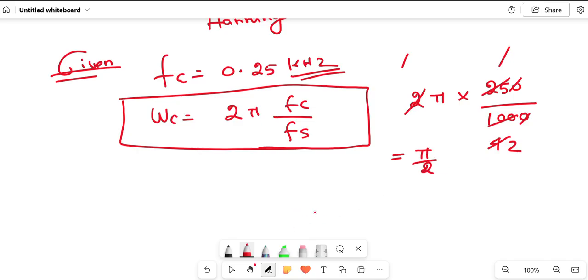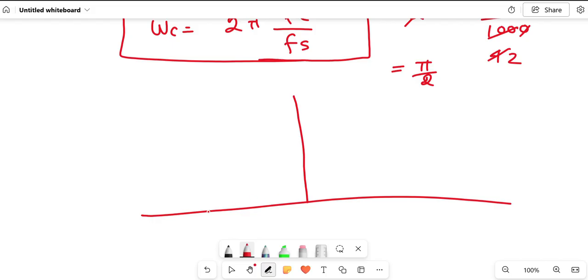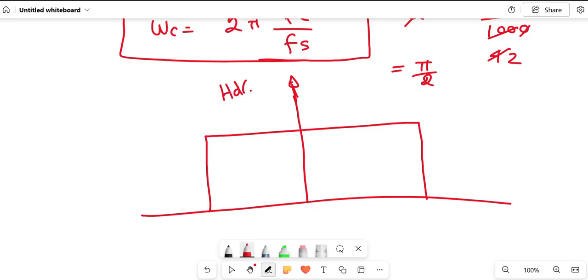So now how do you draw the frequency response? You should be able to draw the frequency response. Actually you are supposed to do it and give me the clue, you solve the problem. So this is 1, this is 0, pi by 2 and minus pi by 2.